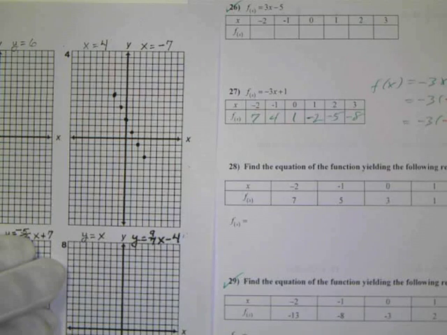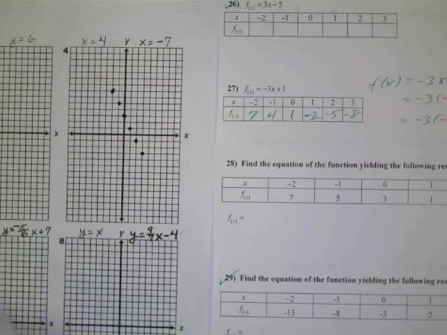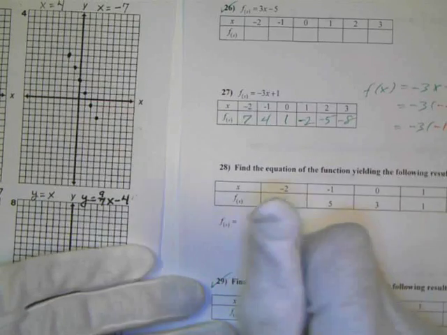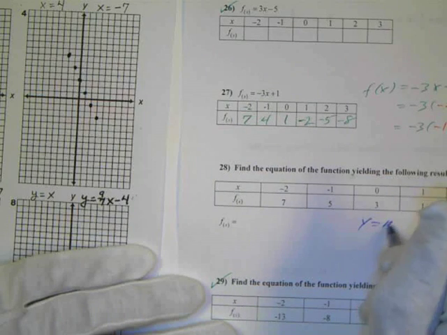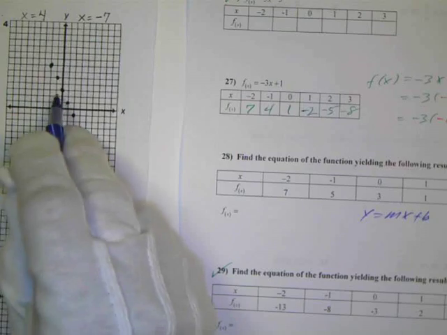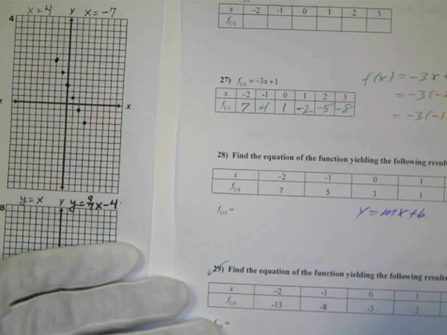So we can just put this in the slope. It doesn't say what form, so we can just use the slope-intercept form. Y equals mx plus b, because we know the intercept is at 3, so b equals 3. That's where it crosses the axis, and you can see from the points there.